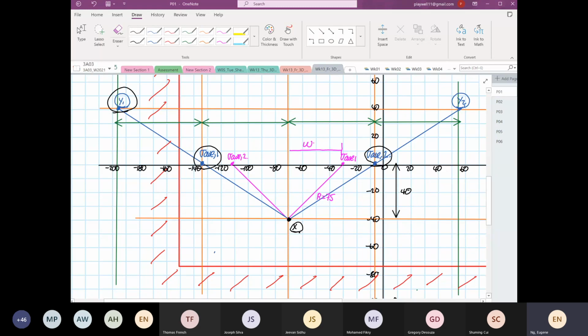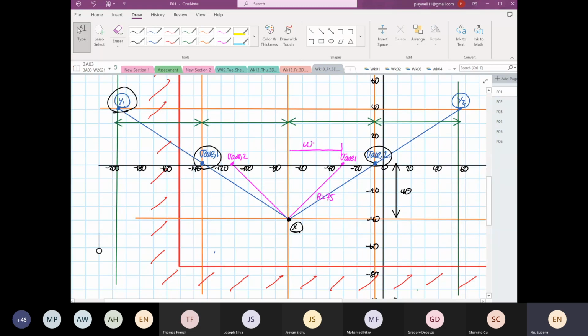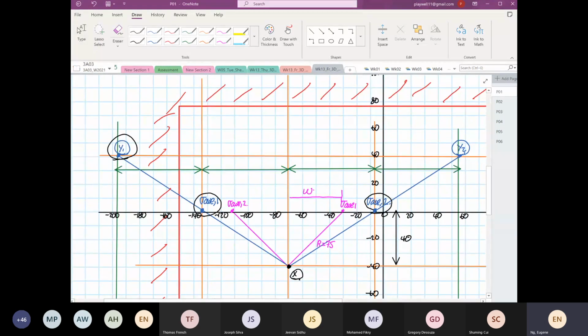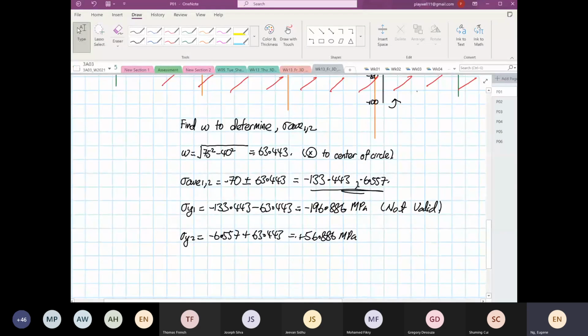Then from here we're able to calculate y1 and y2. It's very easy because all these distances are our omega. So from here we are able to calculate stress y1 and stress y2.